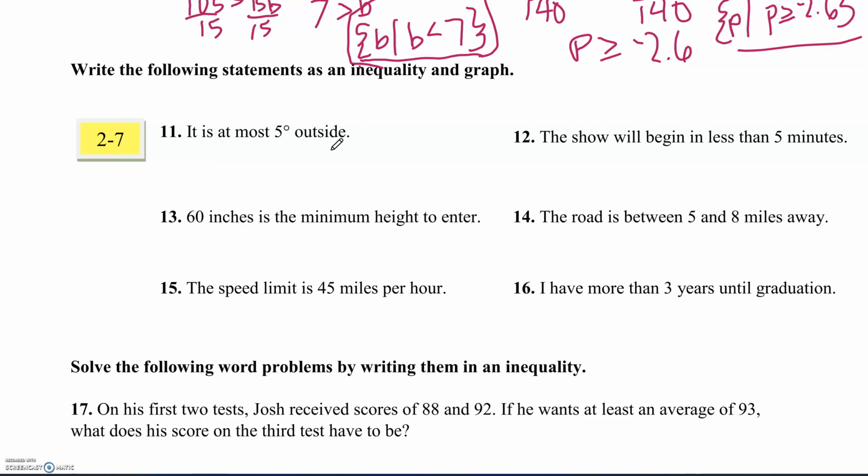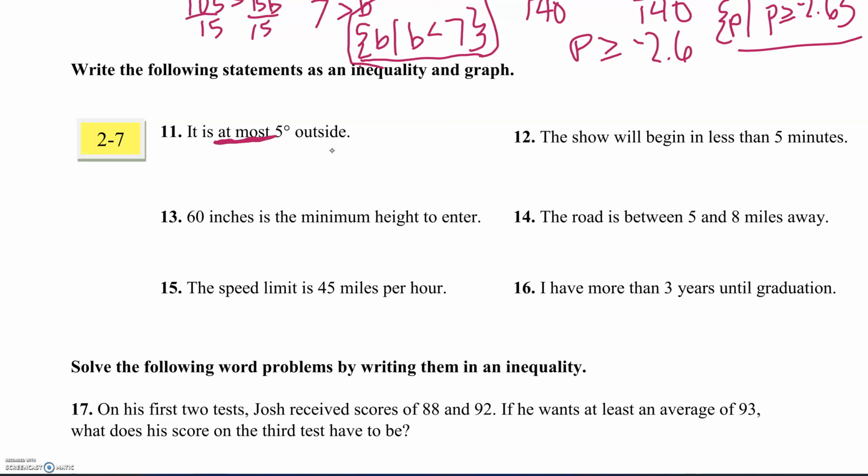So let's look at number 11 together. It says it is at most 5 degrees outside. So on all of these, you want to look for words that compare variables or indicate that they're not equal. So we have these two words that say at most. So that means we want nothing more than 5 degrees.